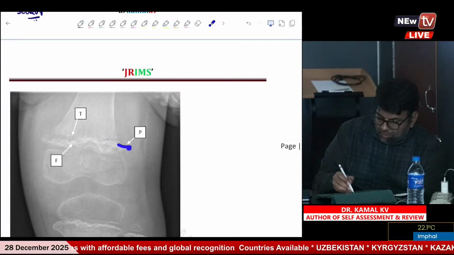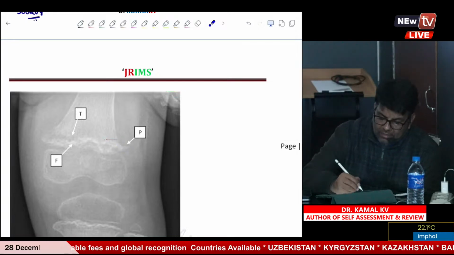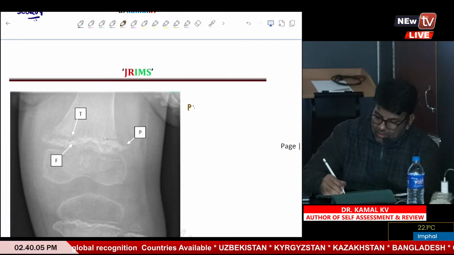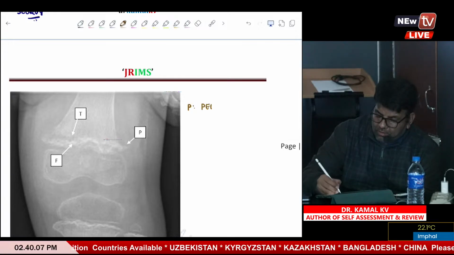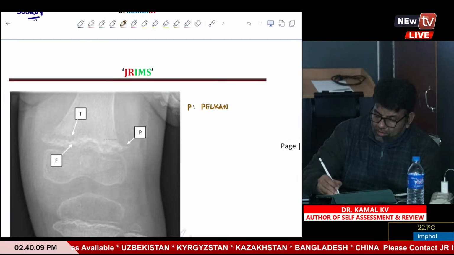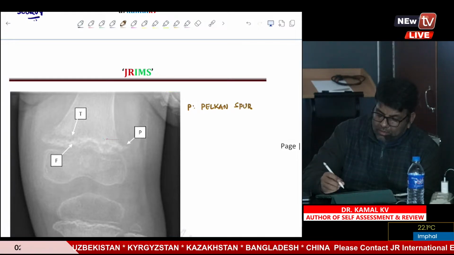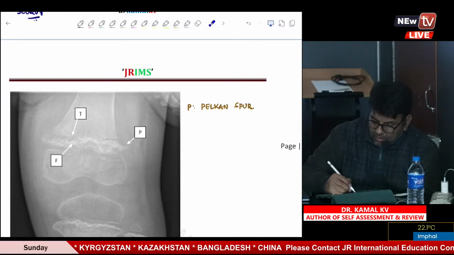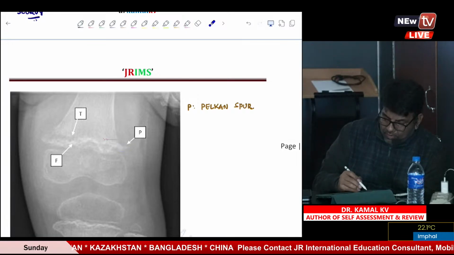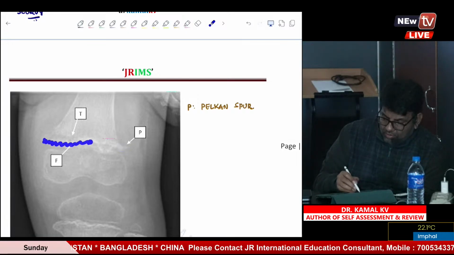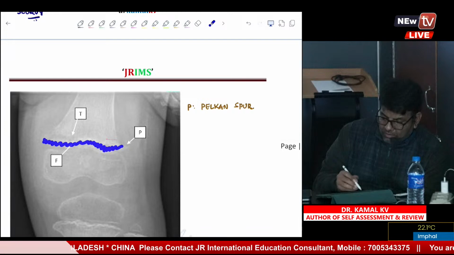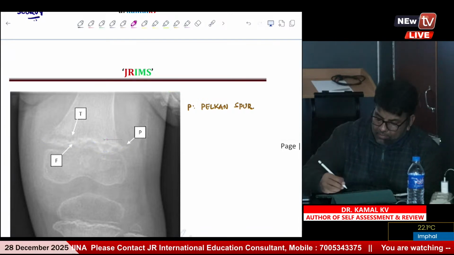You can see a spur here. So this is known as Pelkan spur. So what is that? Pelkan spur. Then we can see white all around. So what is this white line?